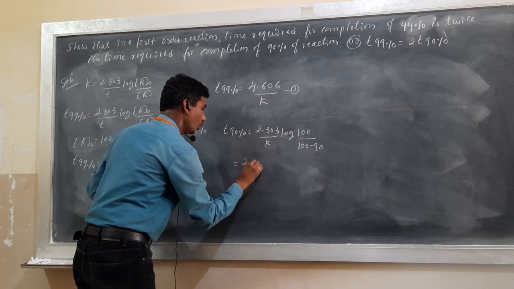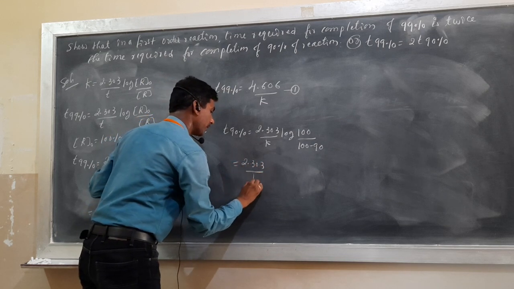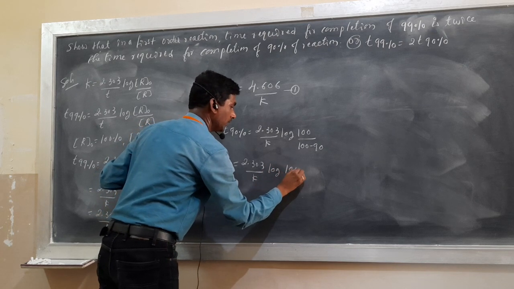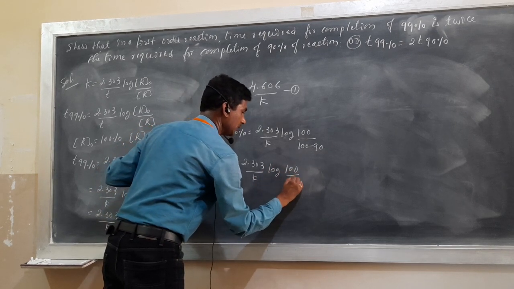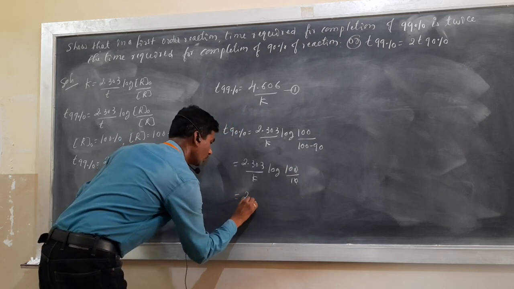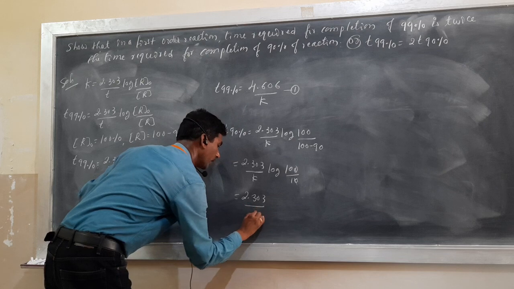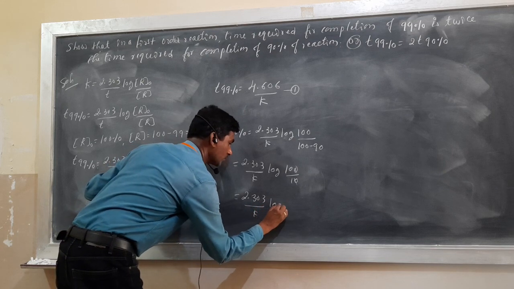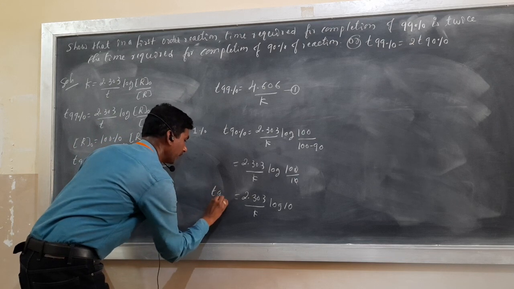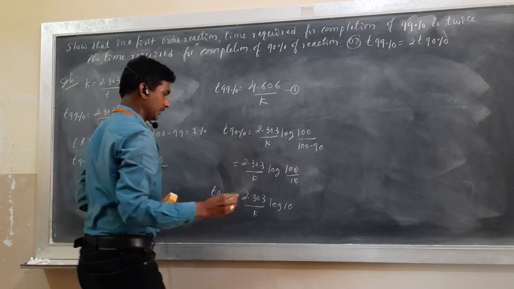Now it is 2.303 divided by K, log of 100 over 10, the zero cancels, so log 10. So this is for the time required for 90%.